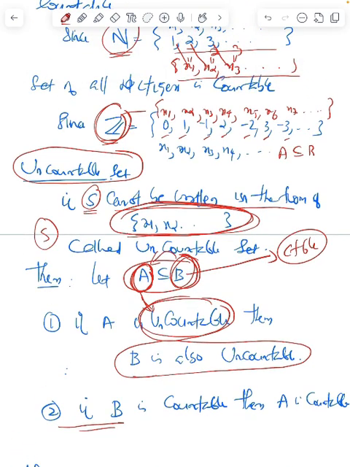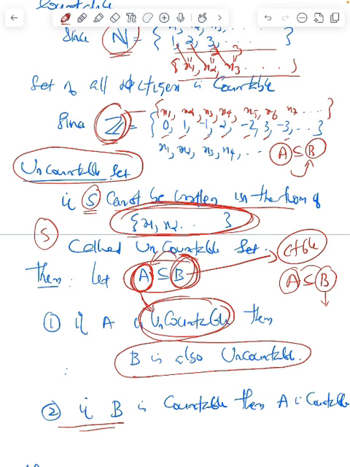A is a subset of B. If A is uncountable, which means that A contains a huge number of elements, then of course the bigger set B is also uncountable. If B is countable, that is only a small number of elements is there, then the smaller set A is also a countable set.